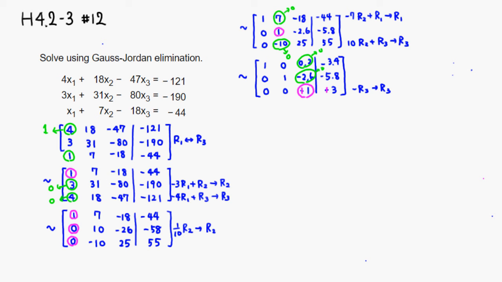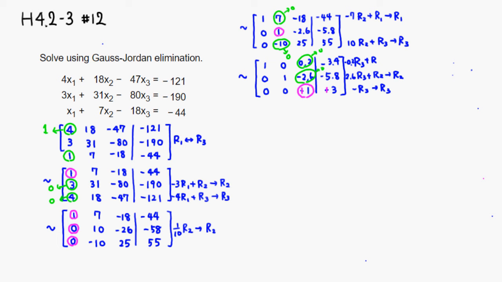Then we need to change these guys to 0. So to change this guy, take row 3. Then we're going to multiply by positive 2.6. Then add it to row 2. That's going to be our new row 2. Then take row 3, and we need to get rid of 0.2. So multiply by negative 0.2.